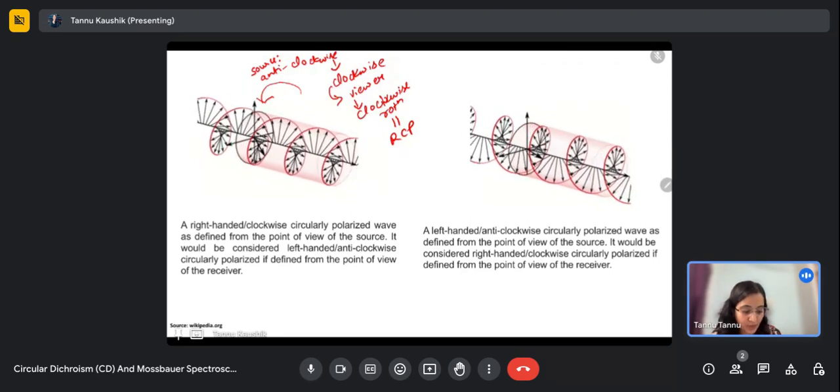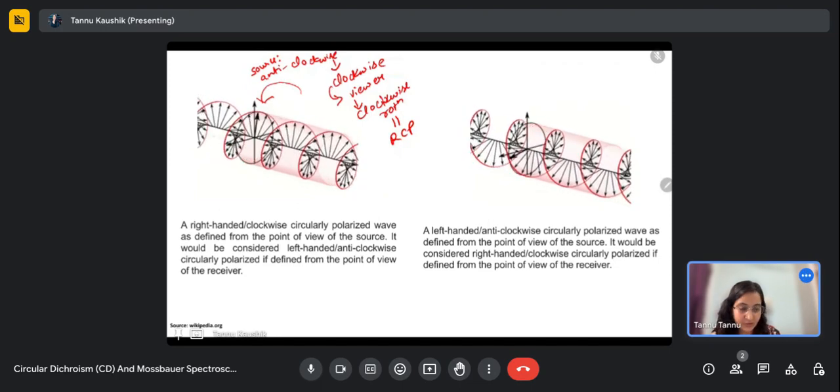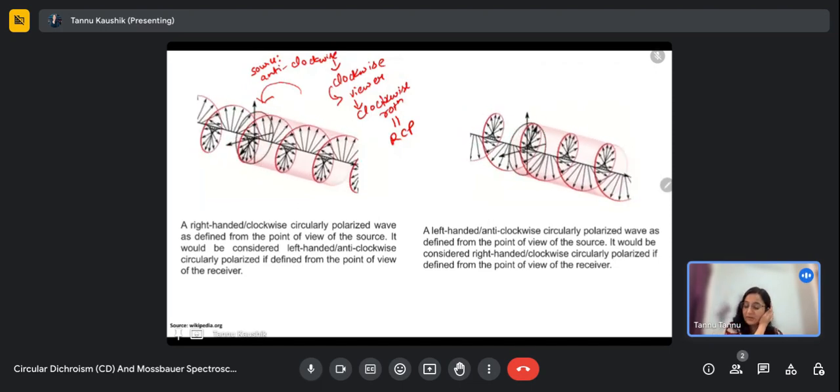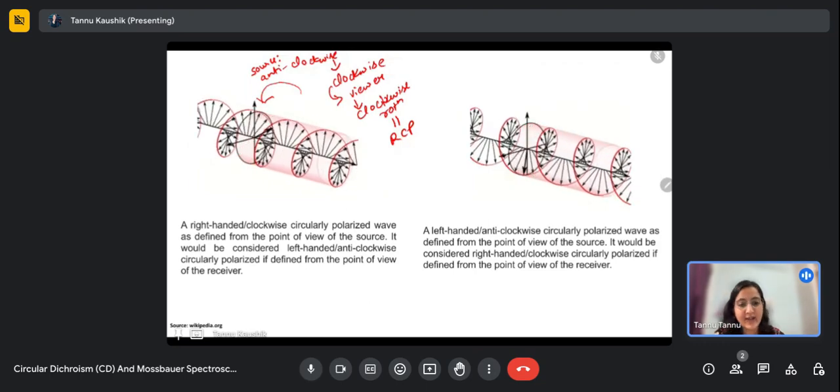So there are two waves. One is moving parallel and one is moving perpendicular to the direction of propagation.